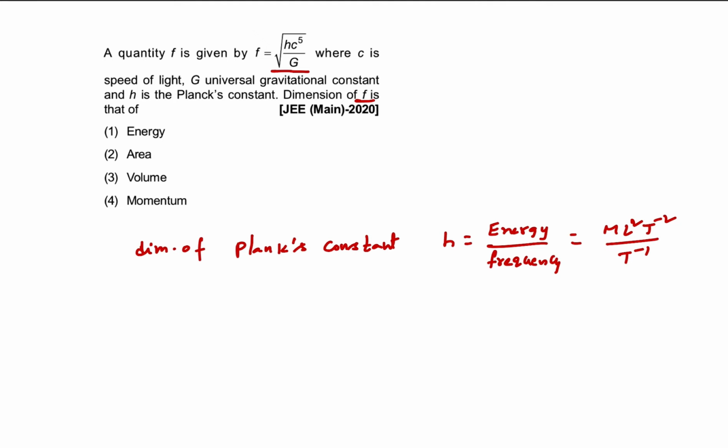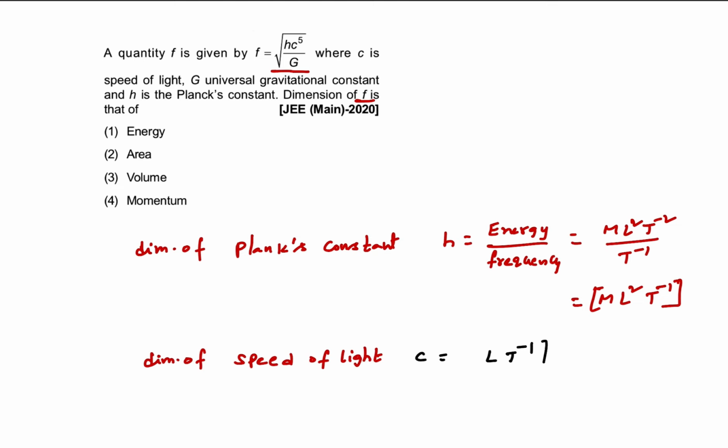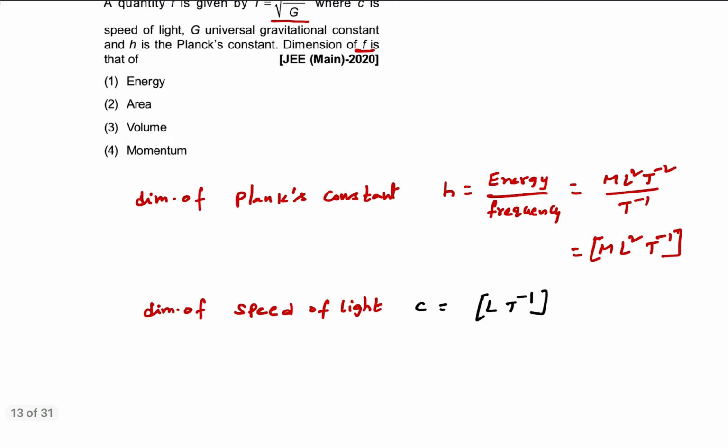So finally, the dimension of h is M L square T power minus 1. This is the dimension formula of Planck's constant. Next, dimension of speed of light. The dimension of c is L T power minus 1. It is a speed only.